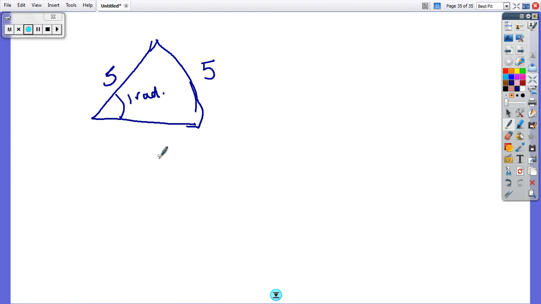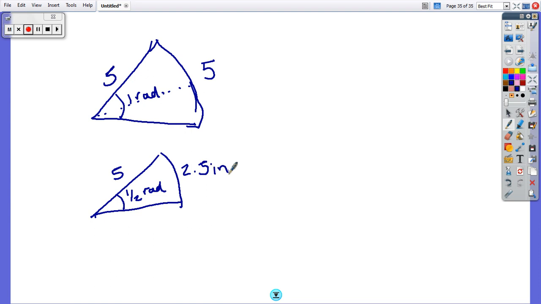However, the question is saying, what does the arc length measure when that's a half of a radian? So if that's 5, and this is a half radian, that means that this is going to be 2.5 inches. So your answer for letter C, I can call this problem C, is 2.5 inches.